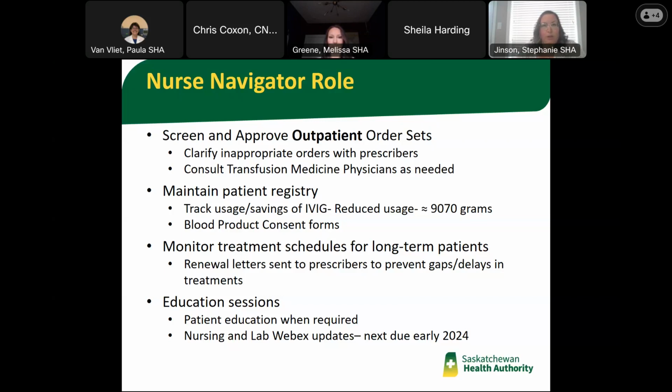So those are the patients that are on it weekly or monthly going forward. I think we have about 200 in our registry that are long-term users that use it monthly. So we do monitor their treatment schedules. We contact the prescriber with renewal letters to inform them that the order set that they currently have is about to expire.